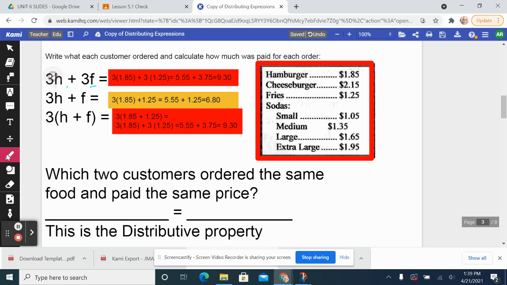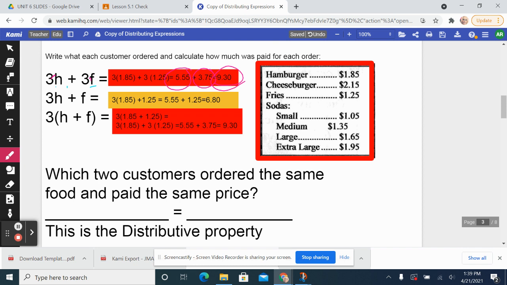Remember that you've been taught that there's a multiplication symbol in between those, right? So 3 times the $1.85 plus 3 times the $1.25. When you simplify is what we call that. We do 3 times $1.85 and you will get $5.55. If you do 3 times $1.25, you get $3.75. If you add those, you'll get $9.30.